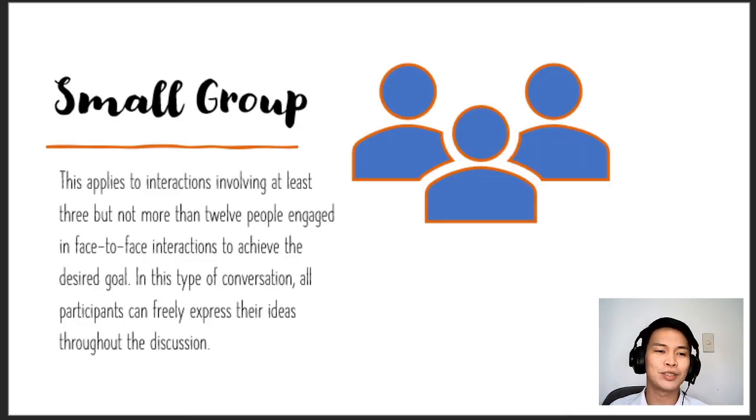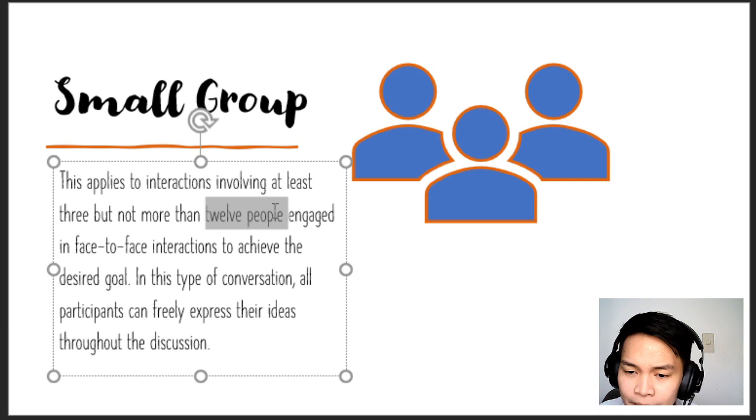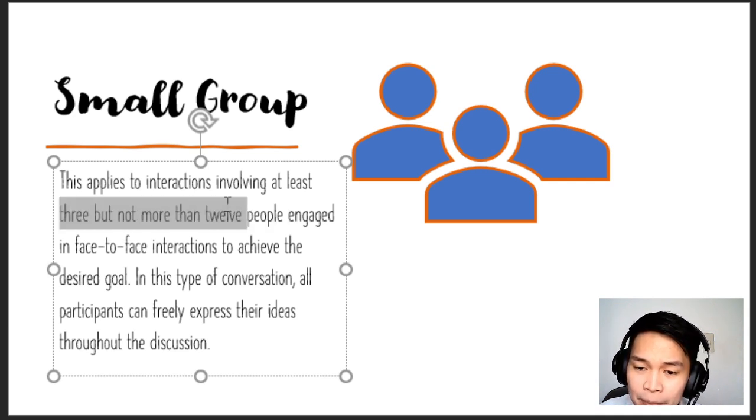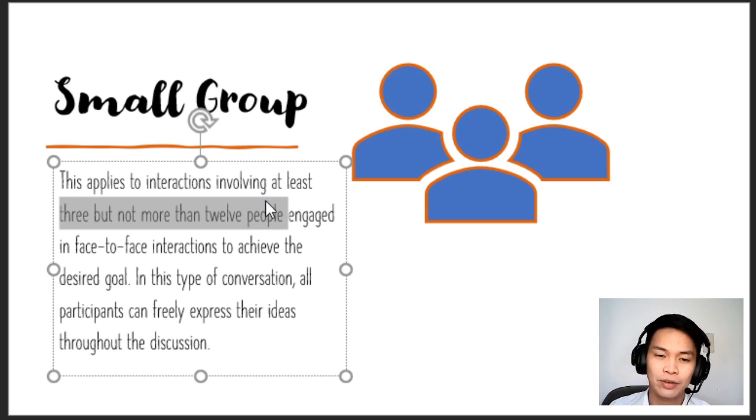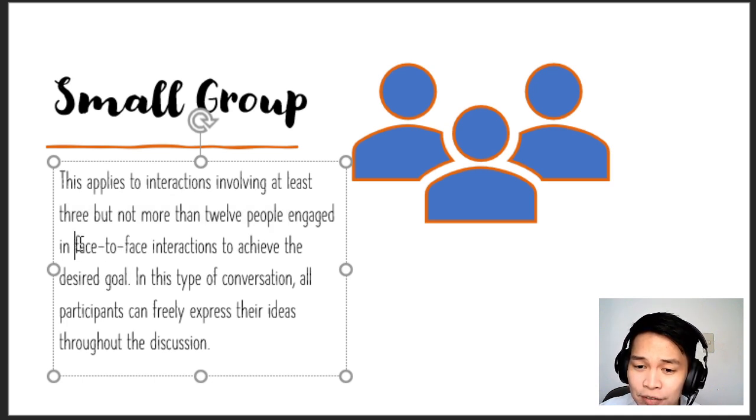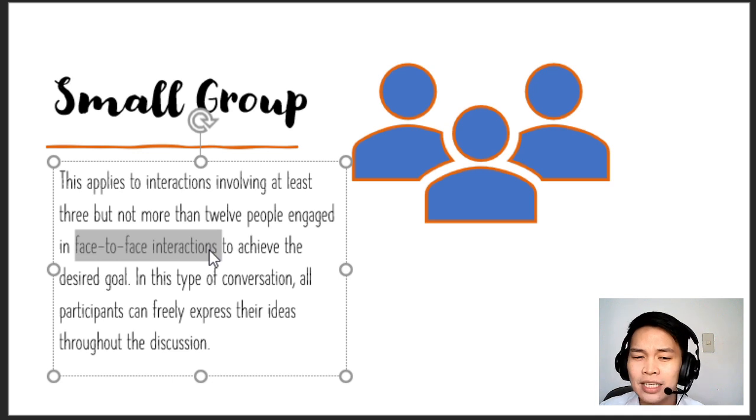Now let's move on to small group. Take note of the number here: at least three, but not more than 12. So 3 to 12 people, that's under small group. It says here to engage in face-to-face interaction, but this can also happen if you are in a video conference with your friends.